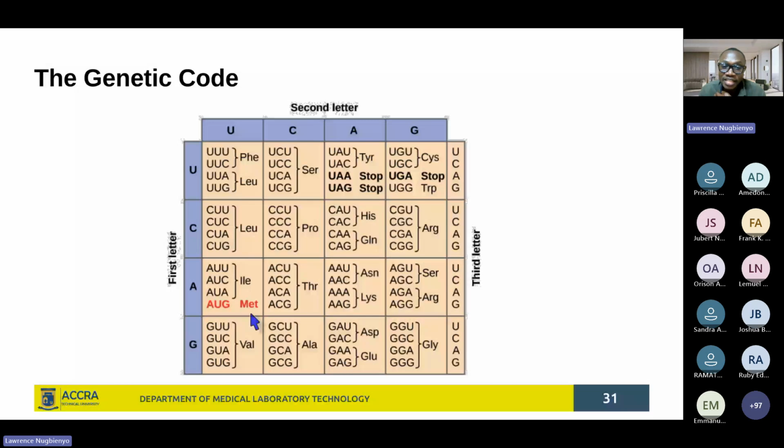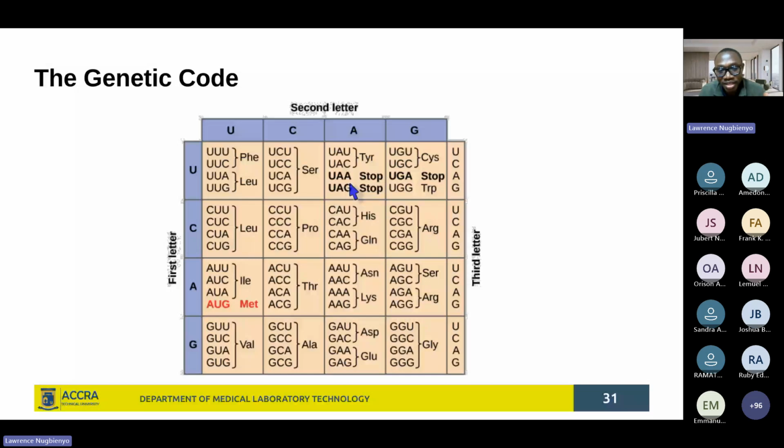Then we have three stop codons. These don't code for any amino acid. That's why they are referred to as stop codons, which means that any gene coding for a particular protein will end with these codes, so that when the process gets to these codes, no amino acid joins, and so the protein chain dissociates off from the ribosome messenger RNA complex.